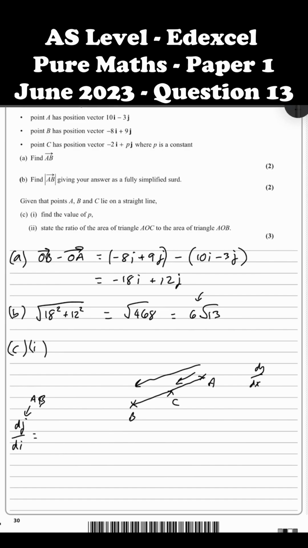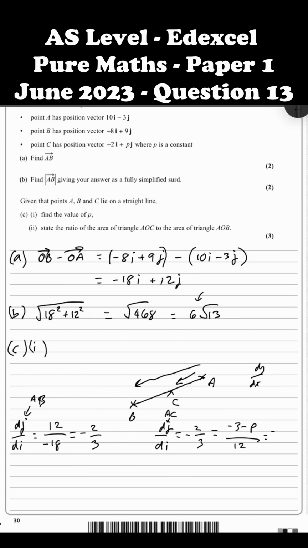So we're going to have difference in j is 12, difference in i is minus 18, so this is just minus 2/3. Therefore, the gradient, dj di, at AC is going to be minus 2/3. But if I put in the difference in j, that is going to be minus 3 minus p, and the difference in i, which is going to be 10 minus minus 2, which is 12.